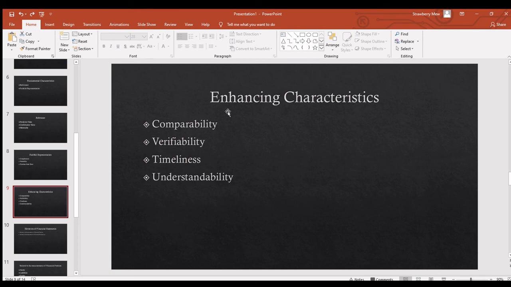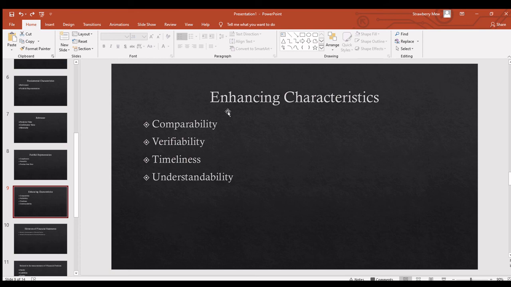For example, kung pwede nating i-compare ang amount ng profit ng isang business compared sa last year, it is more useful compared naman sa kapag tinitingnan lang natin ang profit for this year, right?